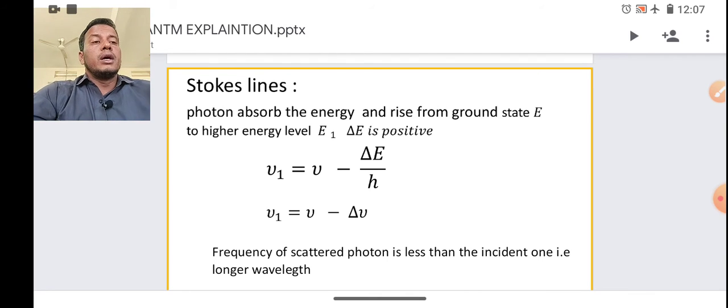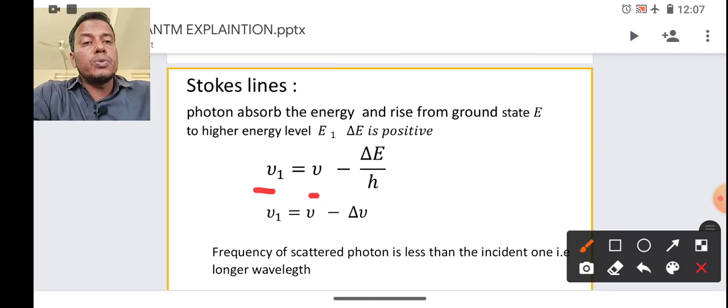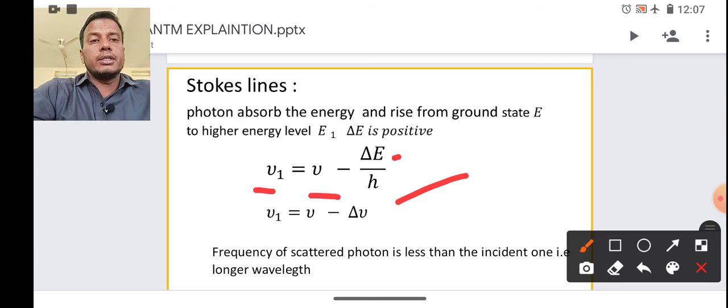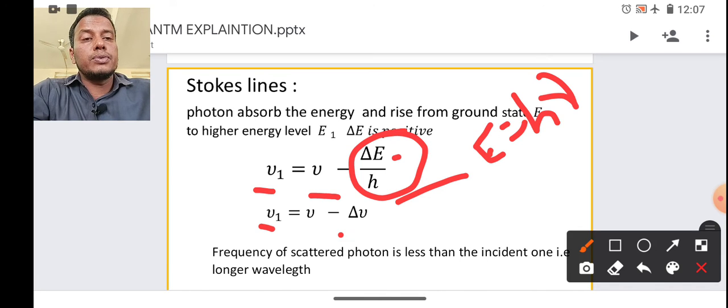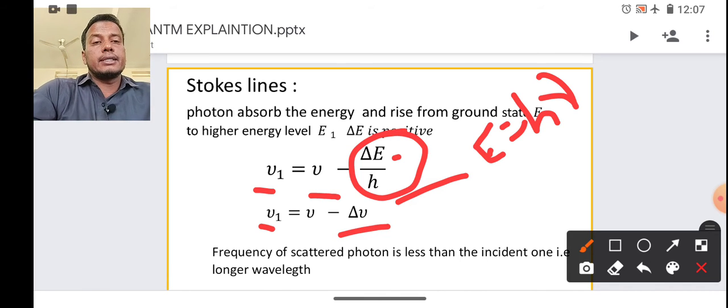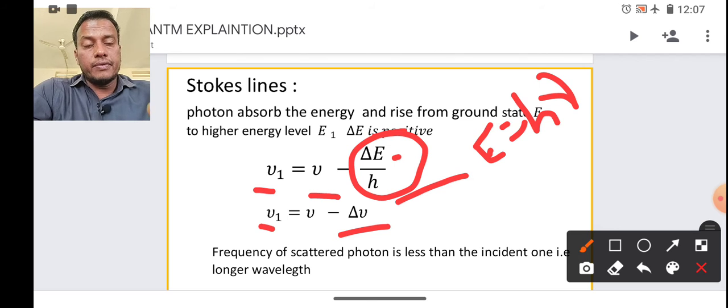When the energy rises from the lower energy level to E 1, delta E becomes positive. Then nu 1 is equal to nu minus del E by H, where del E is positive, that is a difference. As we know that E equal to H nu, that is nu equal to E by H, del nu is taken as a small change in the frequency.